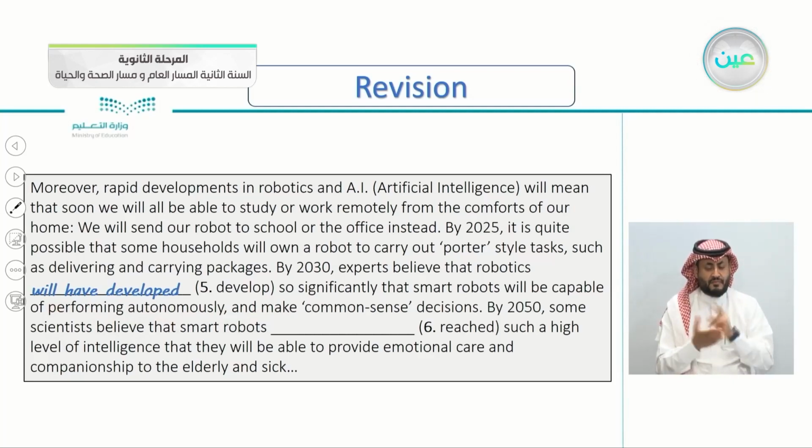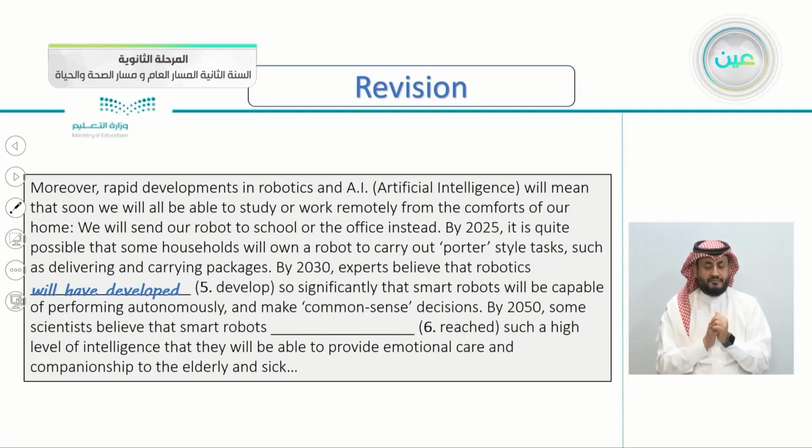By 2050, some scientists believe that smart robots reach such a high level of intelligence that they will be able to provide emotional care and companionship to the elderly and sick. So, number 6, by 2050, just when you see this one, you know the answer, of course.